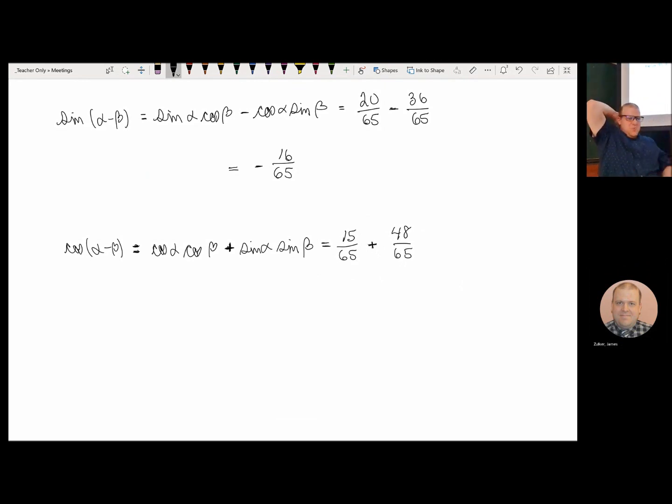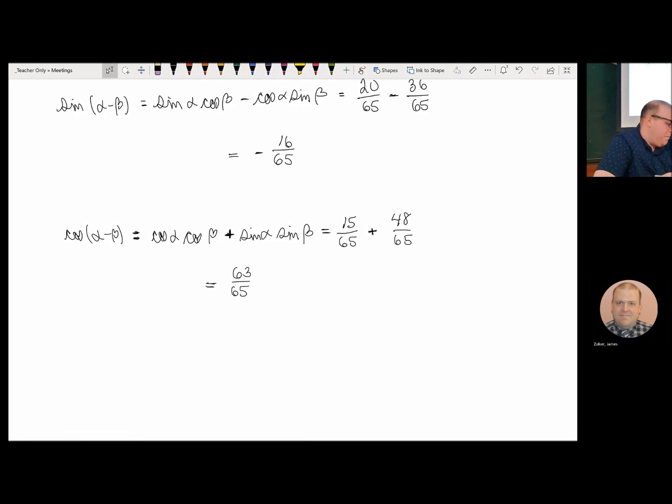And so what I have to do is take what we did above for cosine of alpha plus beta and change the minus into a plus. 15 over 65 plus 48 over 65 is 63 over 65. Both are between -1 and +1, so that's good. We did the arithmetic correctly, at least.